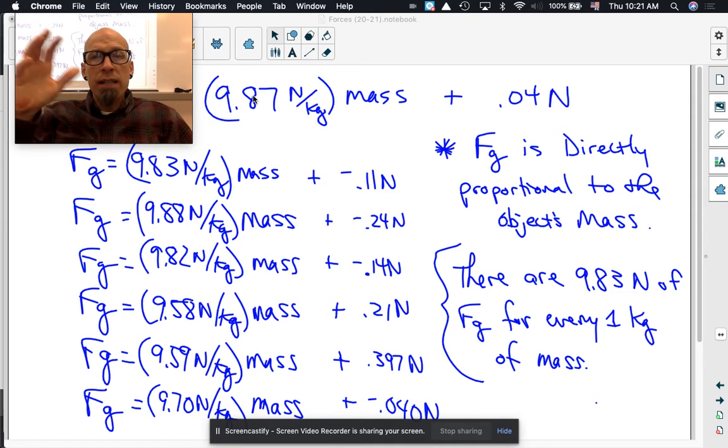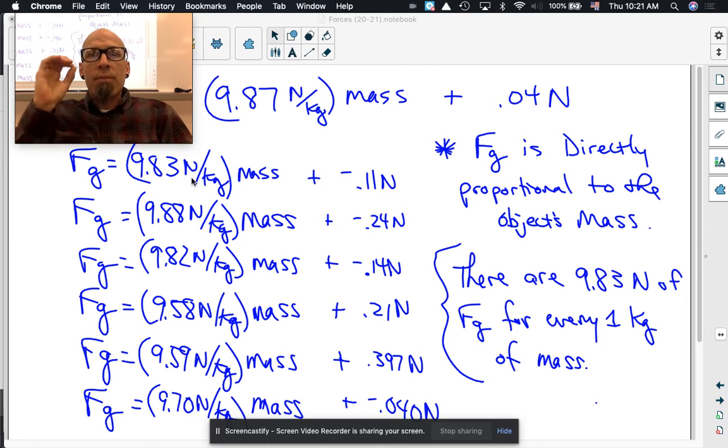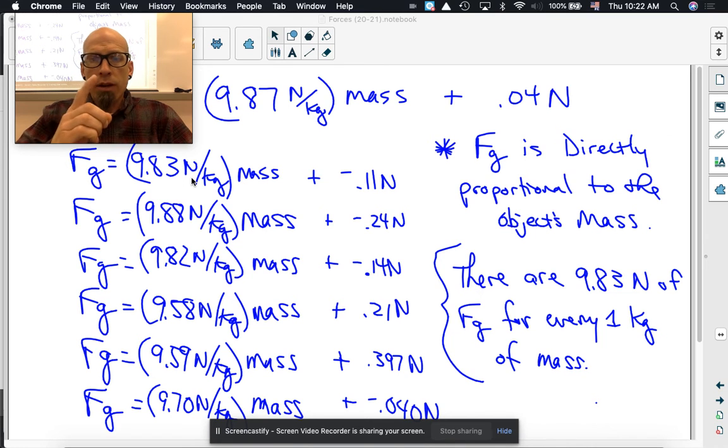It's a 9.8-something to 1. Or if you look at everybody's numbers, they're very similar and they're all really close to 10. So let's just call it 10. It's just an easier number to deal with. So it looks like this gravity thing is a 10 to 1 ratio, 10 newtons to 1 kilogram. So every kilogram that an object has of mass, gravity pulls on it with 10 newtons of force.